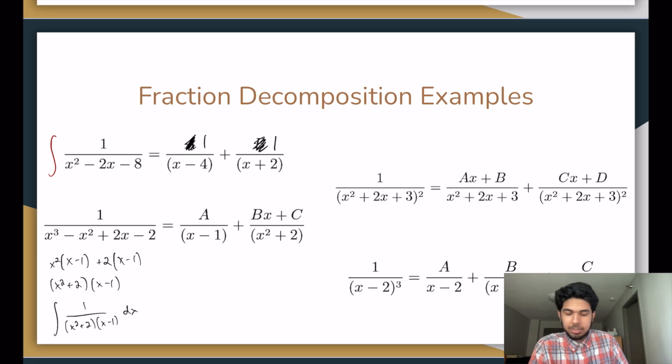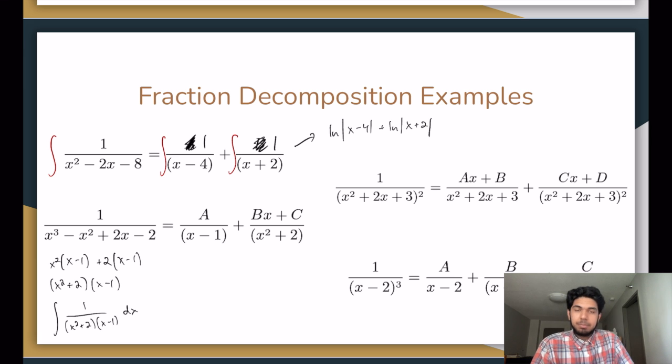Then taking the integral of the left-hand side is a lot more challenging than taking the integral of the right-hand side, because on the right-hand side we can just see by inspection this is ln of x minus 4 plus ln of x plus 2. And if a and b were different, those would just be things that come out in front of the integral, so it's a really easy integral to compute.